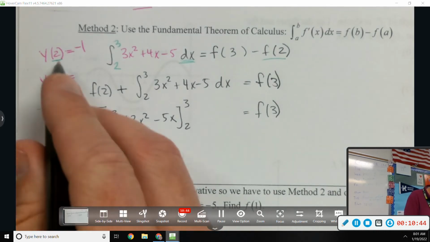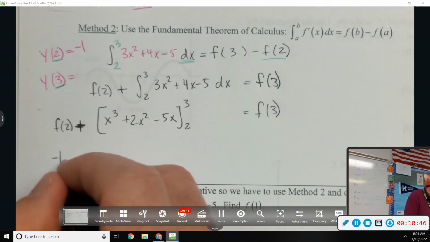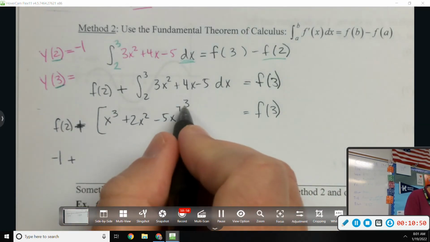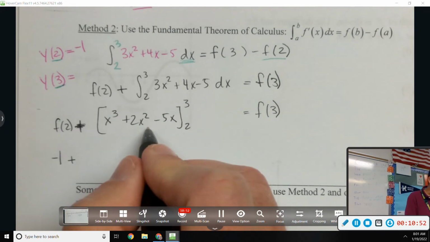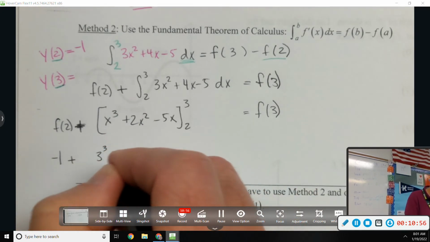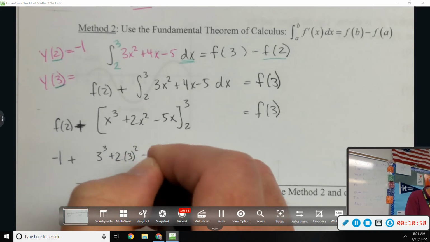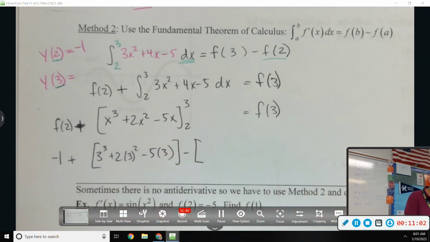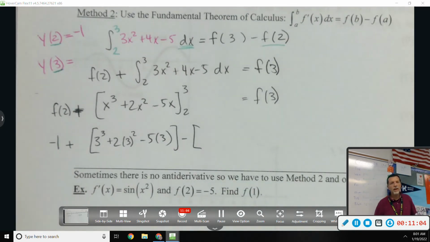Let's see, let's start plugging things in. f of 2 is -1. And then top minus bottom, once I've integrated, so now we can do the top one minus the bottom one. So plug in 3, and then plug in 2.